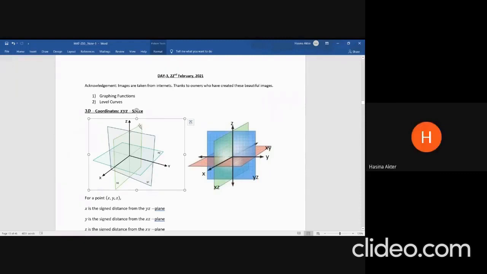What are the set of common points between these two planes? If two planes intersect each other perpendicularly, the set of intersections is a what? A straight line, right?